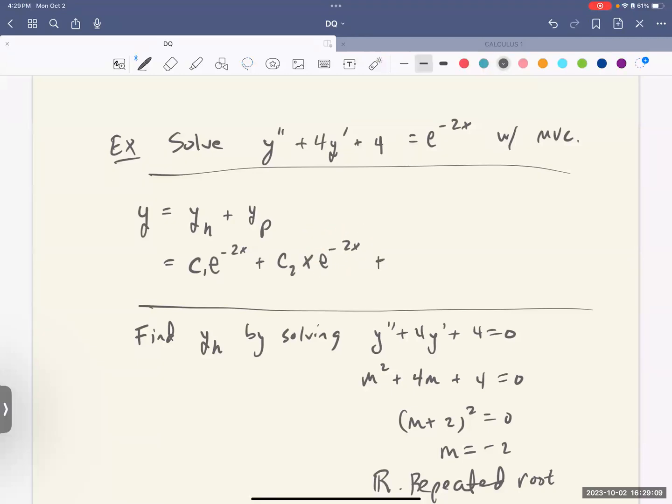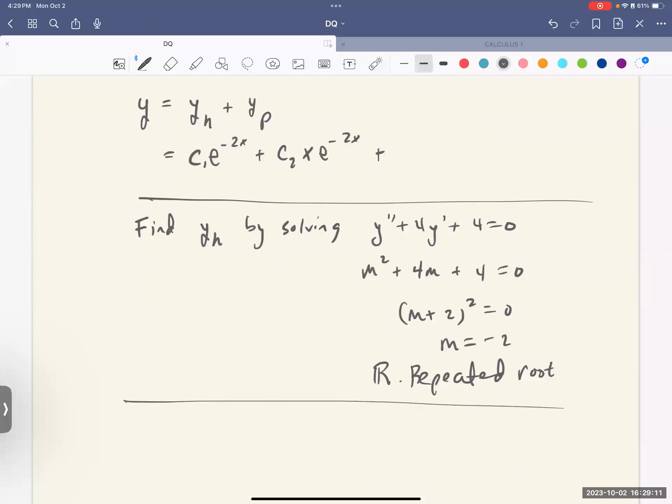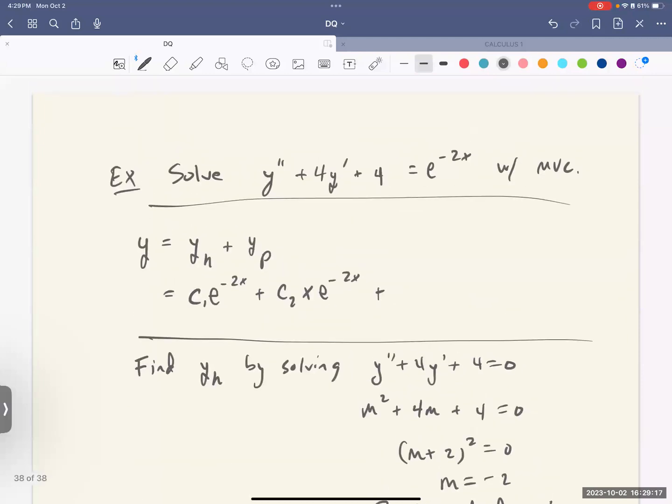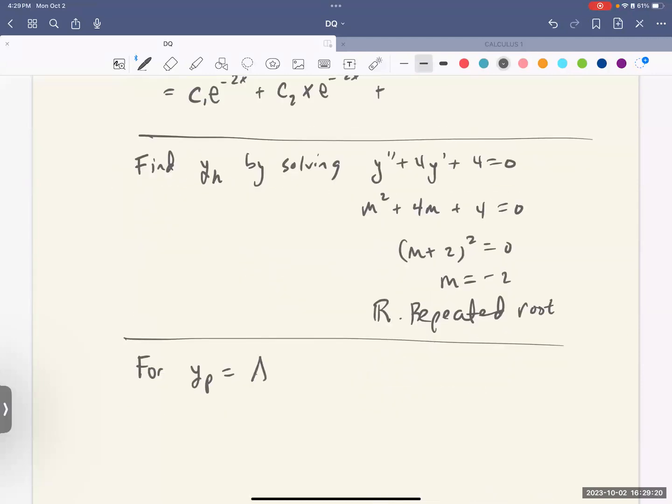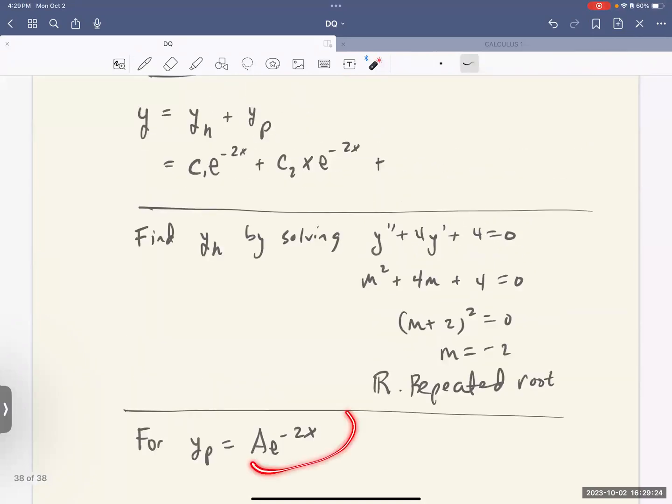Great. Now we need a particular solution for y sub p. For y sub p, our right side is e to the -2x. So typically we pick a e to the -2x. But look, that's linearly dependent with the first term. So we take the e to the negative 2x, move it over, throw in an independent variable, and now look again.